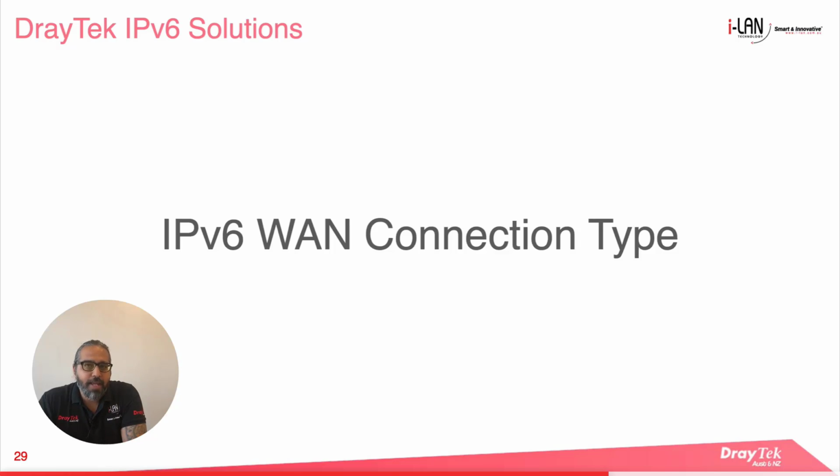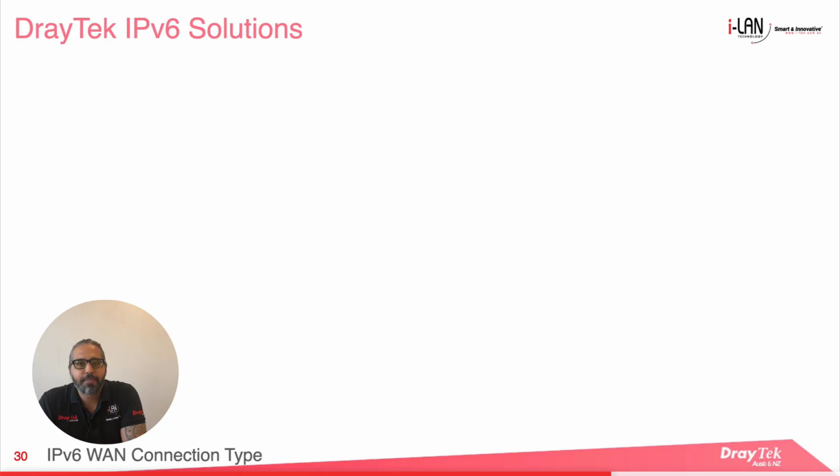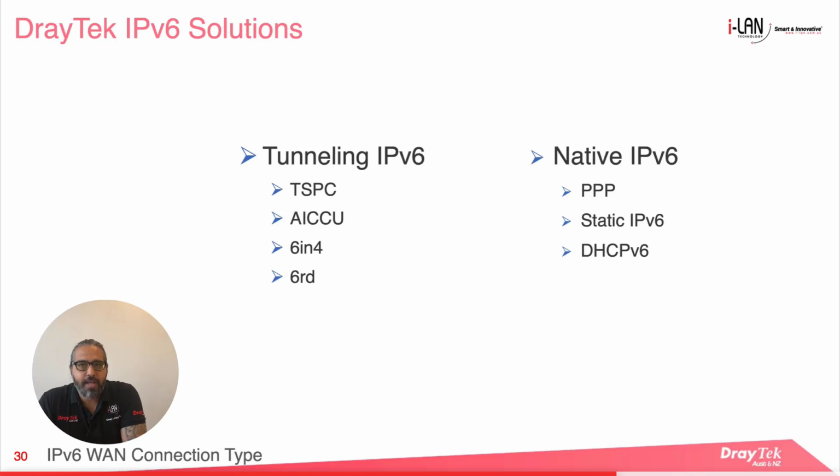Now let's take a look at DrayTek IPv6 WAN connection type. DrayTek supports two types of IPv6 WAN connections: tunneling IPv6 and native IPv6.